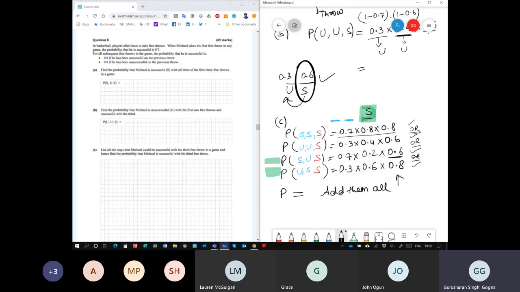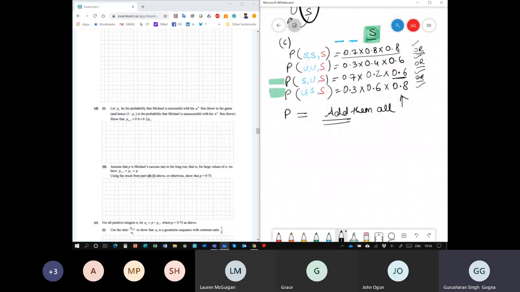You throw 3 times, first success, second success, and third success. That's why we are multiplying there. But overall, these are 4 possibilities. 4 possibilities means only one can occur at one time, isn't it? So that's why you need to add them. Or means plus, and means multiplication.